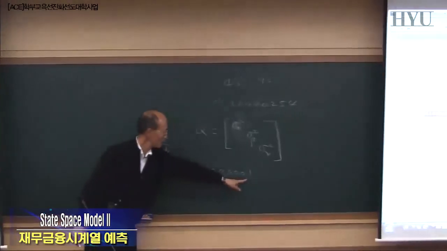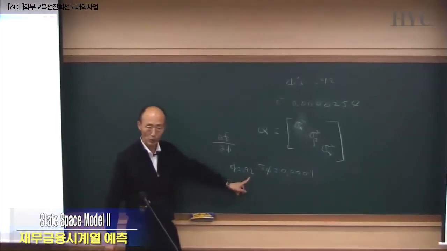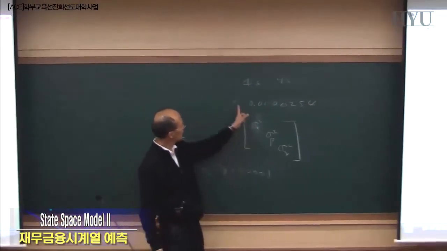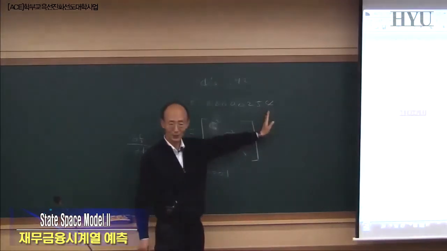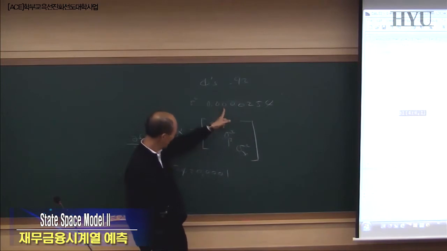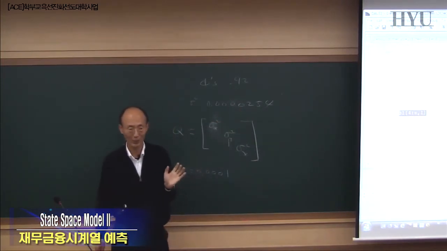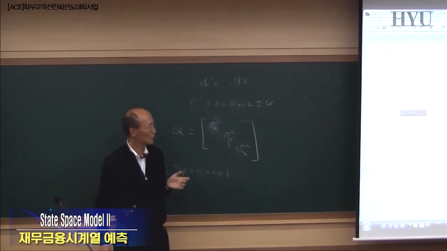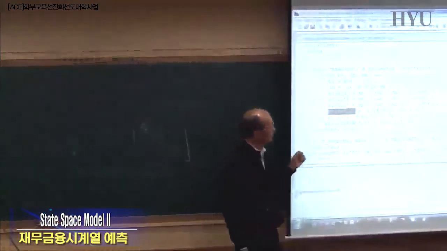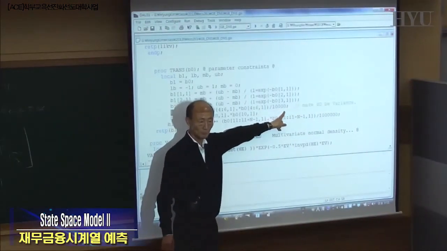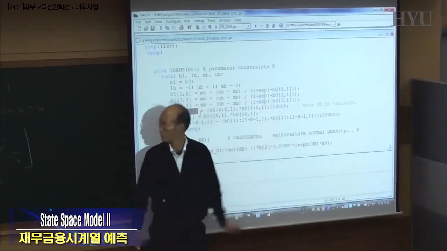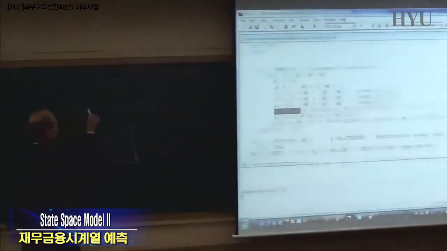Well, this is a small change. But if your parameter has about this scale, 0.0001 is a big change. So to make it operational, I divide that by this number.